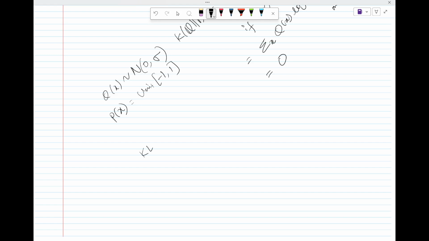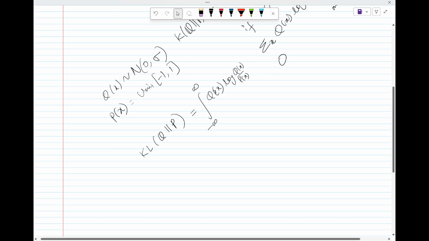So if I compute the KL divergence, then what I'll have is integral over minus infinity to infinity of my Q of x into log qx by px dx.